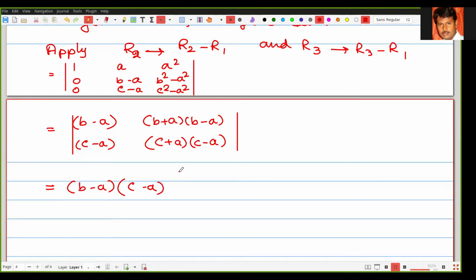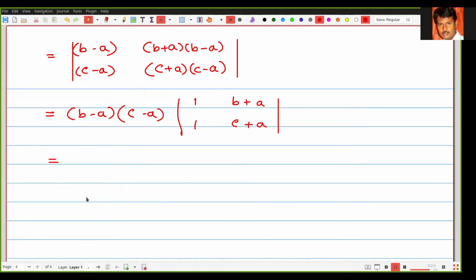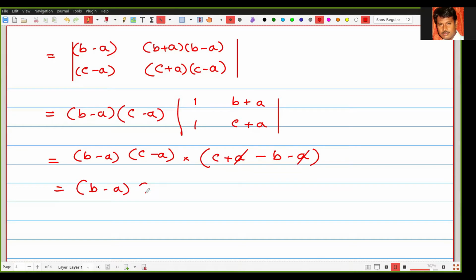So that one 1, 1, B plus A, C plus A. So we can write it as B minus A, C minus A into C plus A minus B minus A, or that is B minus A, C minus A, C minus B.